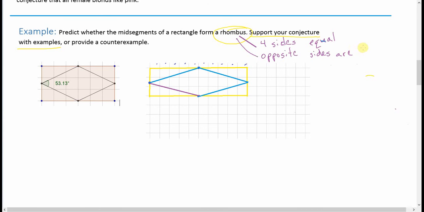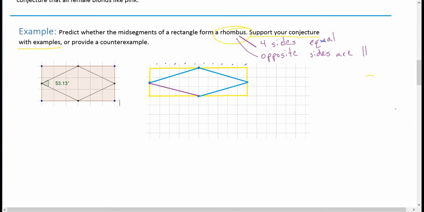There's a shortcut for saying parallel. We go like that. Opposite sides are parallel. So let's figure out these lengths. If you have a ruler, you can bring your ruler up and measure it. If you're in GeoGebra, you can measure it. But unfortunately, right here in Paint, I don't have those tools.